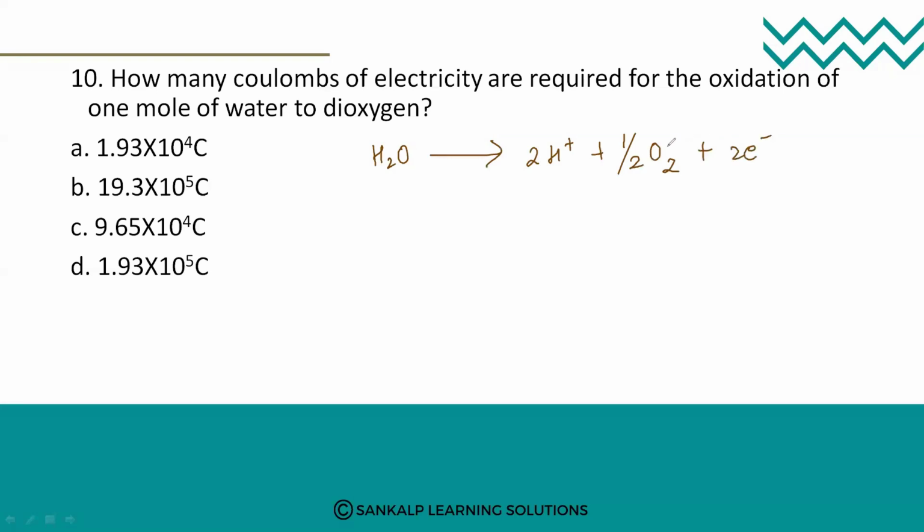Dioxygen means half O2. So how many coulombs of electricity are required for this oxidation?